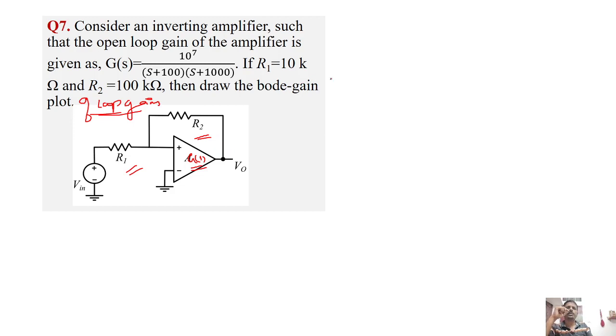Okay, so how will we find it? Here g of s is given as 10 power 7 by s plus 100 into s plus 1000. So we can draw the gain plot here. There are two cutoff frequencies, at 100 and 1000.